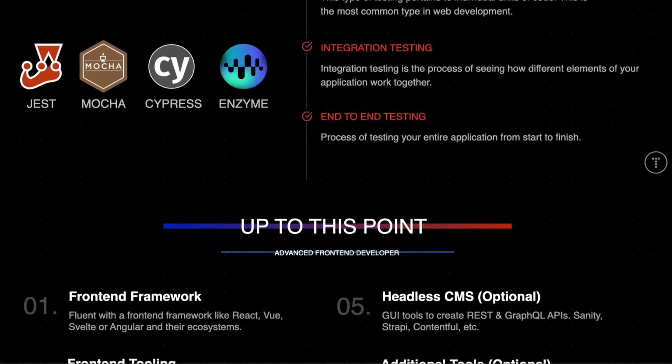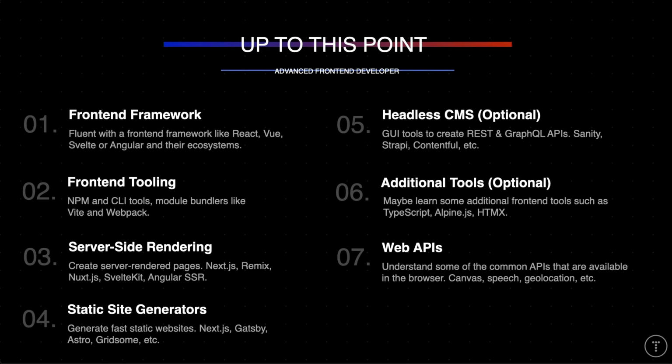All right, so if you've learned most of what we've talked about, then I'd say you're a pretty advanced front-end developer. So if you're fluent with a front-end framework, whether it's React, Vue, Svelte, Angular, as well as their ecosystems, so have some front-end tooling skills, you should know how to use NPM to install packages, CLI tools, module bundlers like Vite and Webpack, and then server-side rendering.